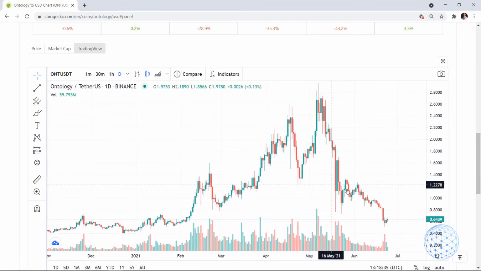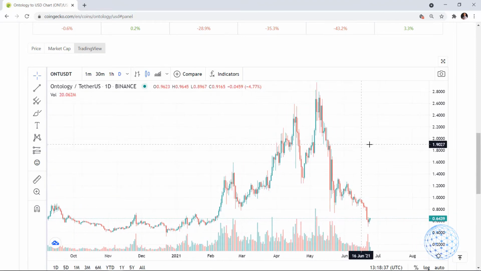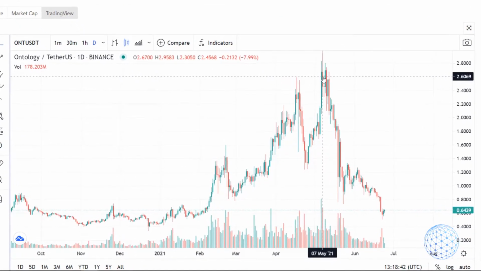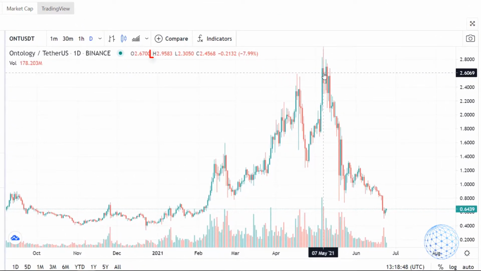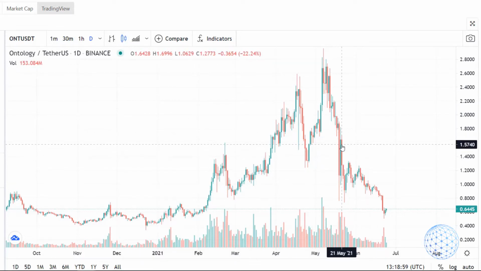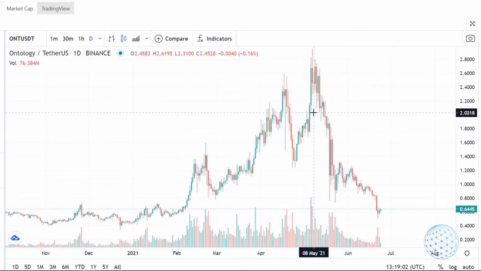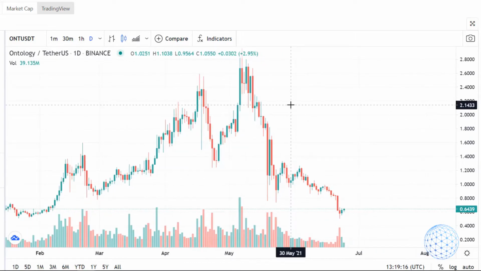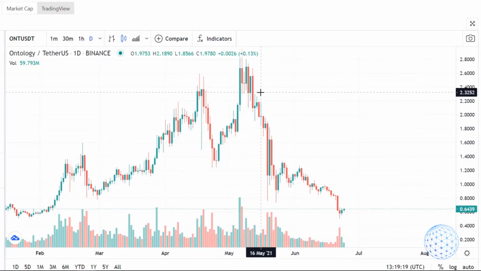And what we can notice is that Ontology reached a record high for 2021 of $2.9583, almost $3, but really didn't touch the $3 based on the data from Binance. And that was on the 8th of May. After that, dragged by Bitcoin, which lost a lot of its value because of Elon Musk tweets, panic, people believed his tweets.